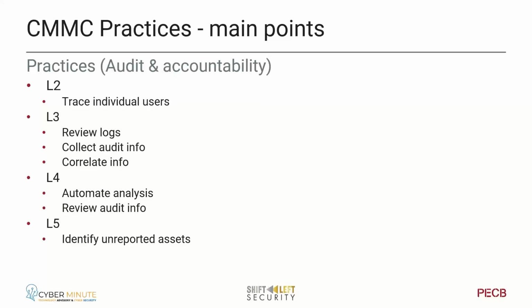Next, please. Also for audit and accountability, you need to be able to trace the activities of individual users. On level 2, I mean, if you look at the controls, this is the highest level, but here it's already on 2. So it's really important to have an idea about what a user is doing with his access, and can you see that he's doing something that is not allowed? Are you able to have everything logged, and can you get somebody reviewing those logs?